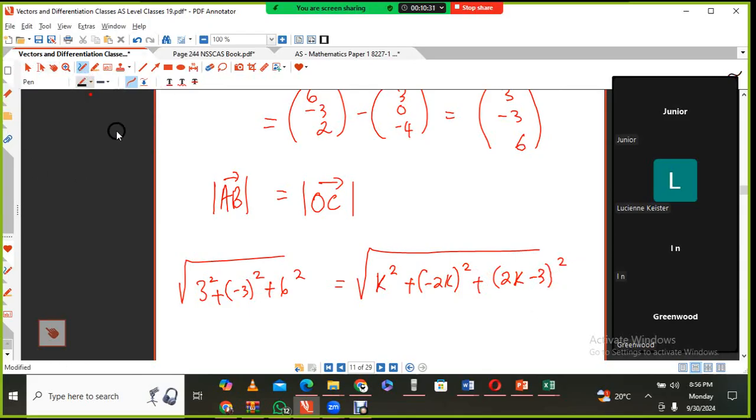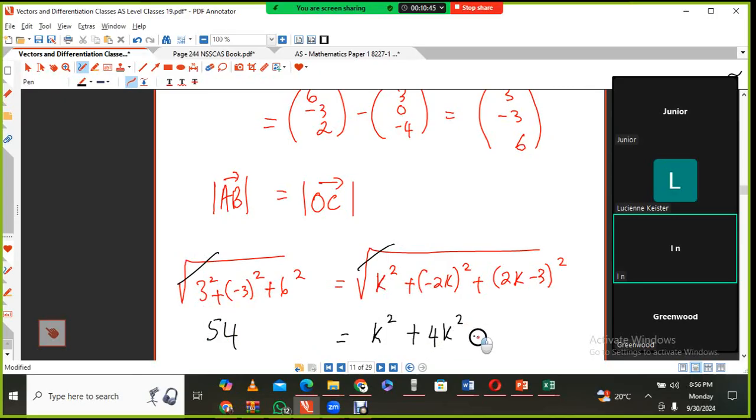Did I write that down correctly? You can drop the square roots because we are taking the square root both sides. K squared plus 4K squared. If you multiply this out, you get 4K squared minus 12K plus 9.